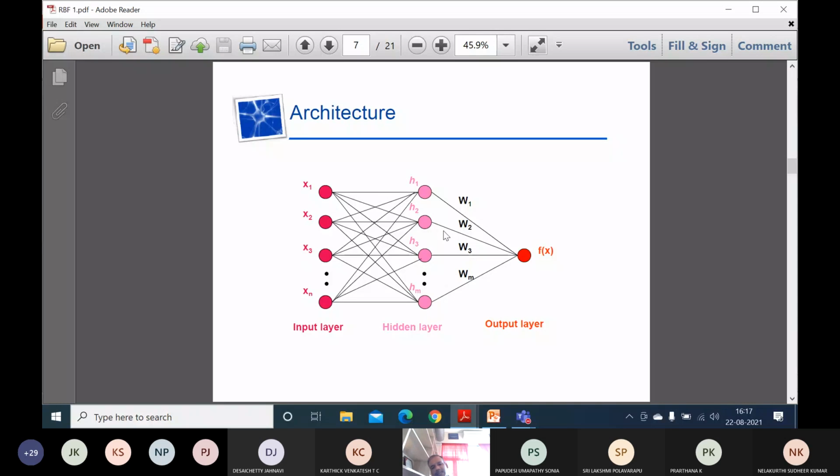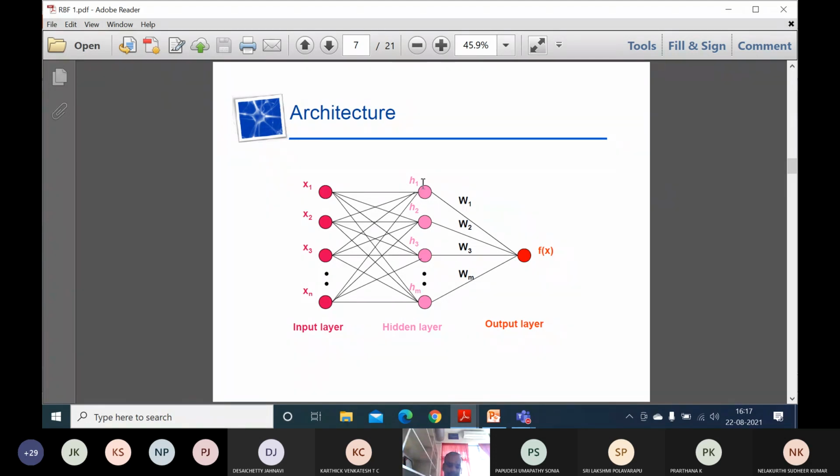As for the architecture, the first portion is considered the input layer, the second portion is the hidden layer, and the third portion is the output layer. Since it is the input layer, it is denoted with x1, x2, x3 up to xn, and since it is the hidden layer, it is denoted with h1, h2, h3 up to hm, and this is f of x.